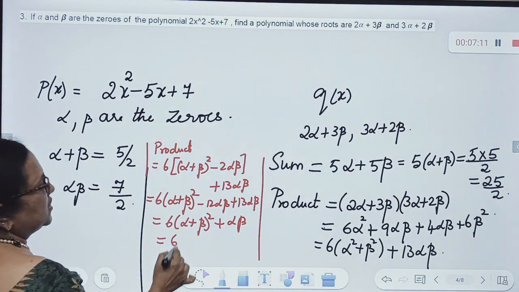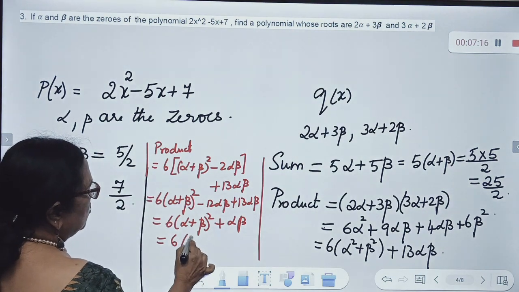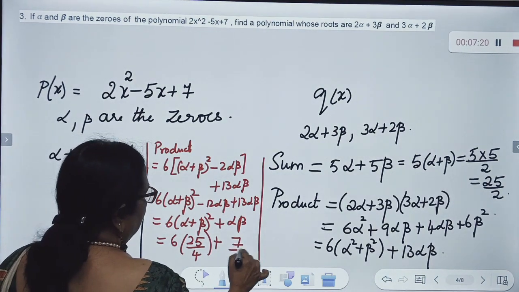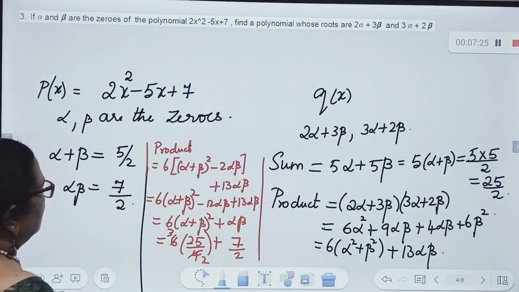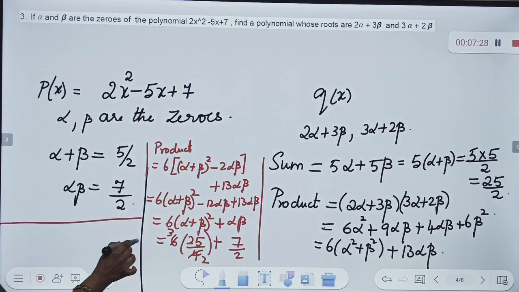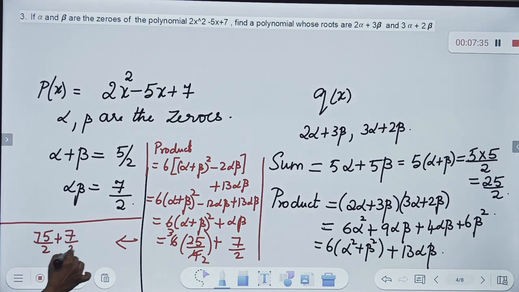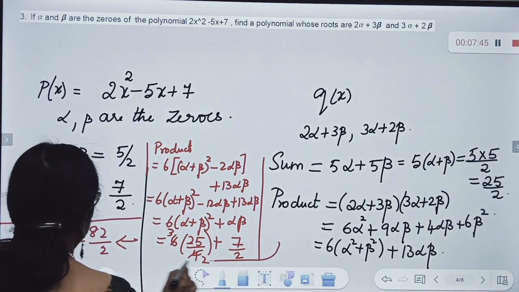Now this is 6 into, what is alpha plus beta? 5 by 2. 5 by 2 square will be 25 by 4 plus alpha beta is 7 by 2. This will be 3 into 25, 75 by 2 plus 7 by 2, which is 82 by 2. So therefore, this is the product I have found.